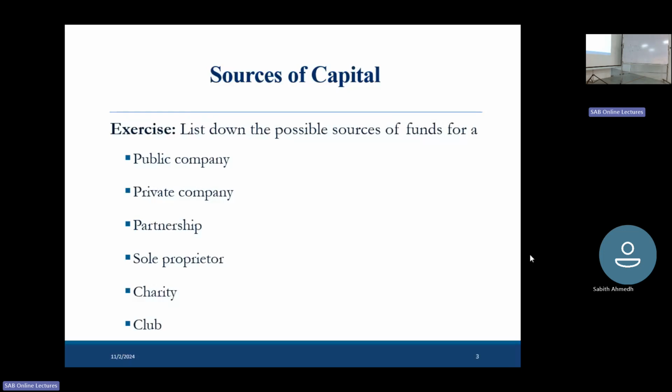If it is a charity, it's not a corporate organization, but they need some capital to do their activities, so funds come from charity, donations. Then clubs and societies get funds from membership fees. So these are different types of organizations, and there are different sources of capital for them.